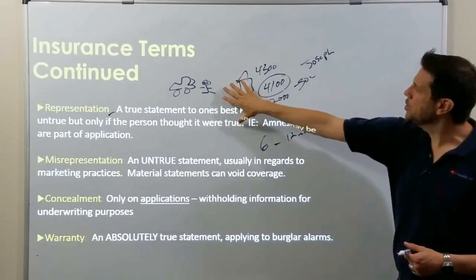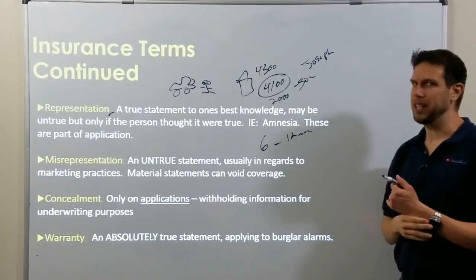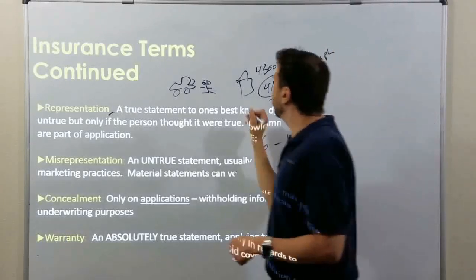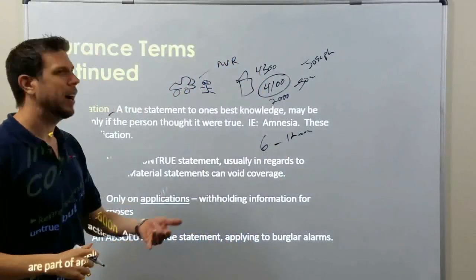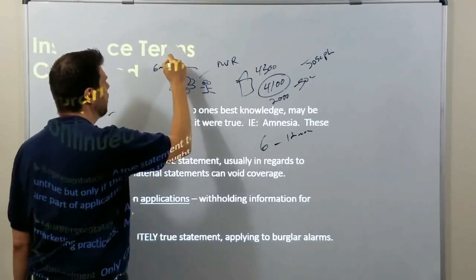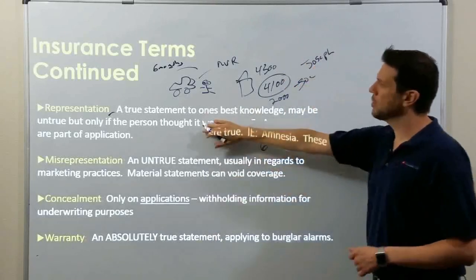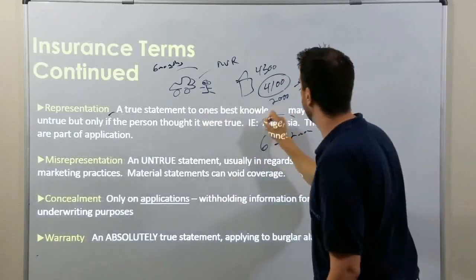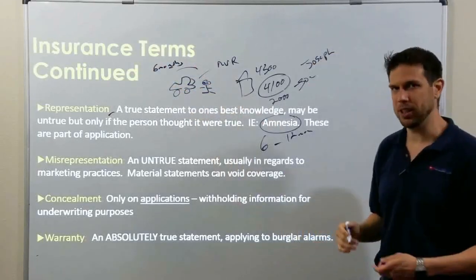Remember, you have amnesia, you can't remember anything, so you say, no, I've never had any speeding tickets. If they then look up your MVR, motor vehicle record, and find out that you had a speeding ticket 6 months ago, we'd still treat that as a representation, because remember, you have amnesia. You don't know that you had a speeding ticket 6 months ago.